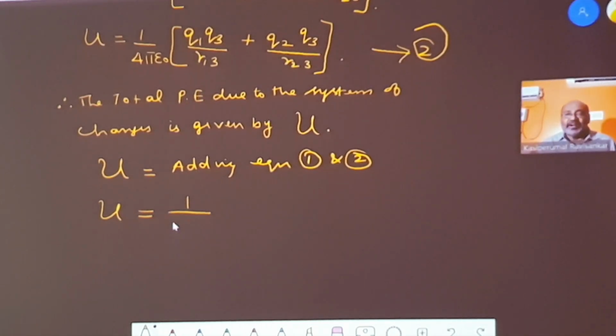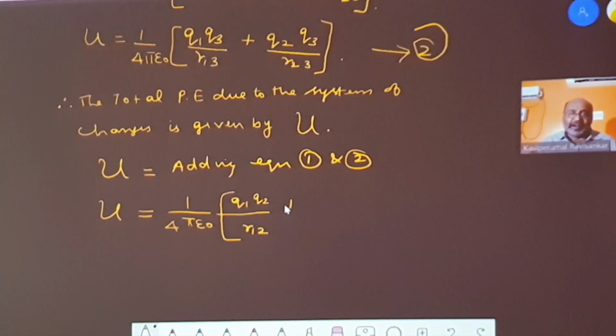1 divided by 4 pi epsilon 0 into, taken as common, in the first equation, you will be getting Q1 into Q2 divided by R12, plus Q1 into Q3 divided by R13, plus Q2 into Q3 divided by R23.